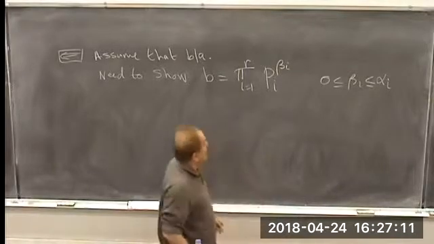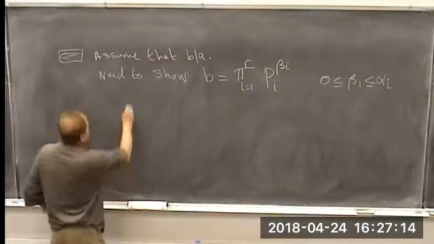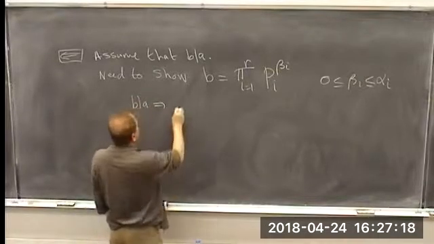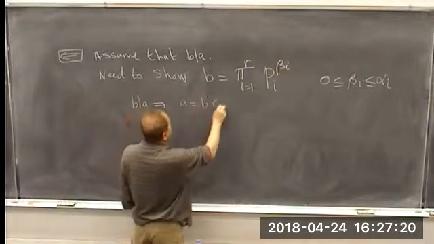Alright, let's see what it means that B divides A. This implies that A is equal to BC for some C.